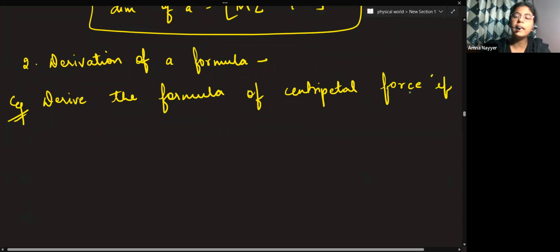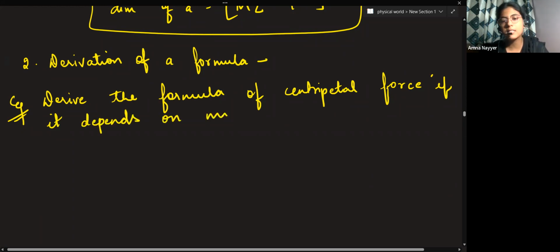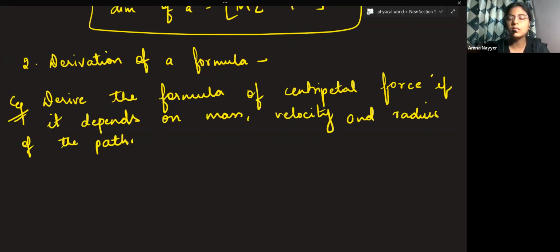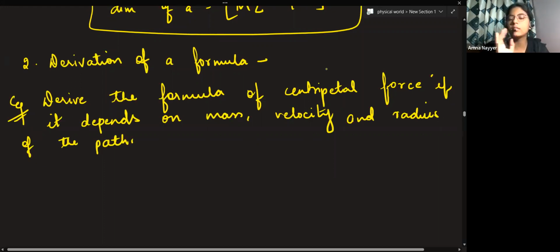Now it will tell you on which quantities the centripetal force is proportional to. So if it depends on mass, velocity, and radius of the path, how will we find out what the formula is?